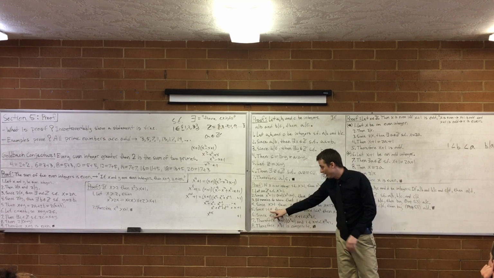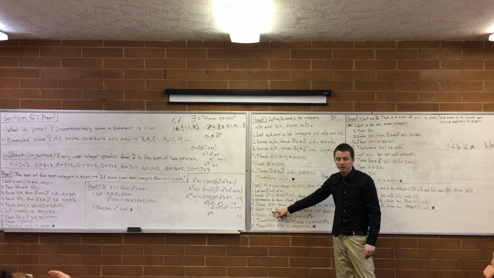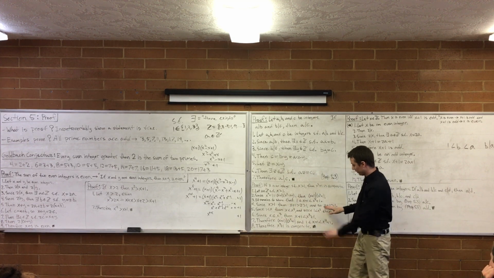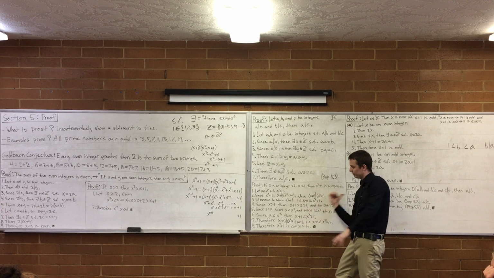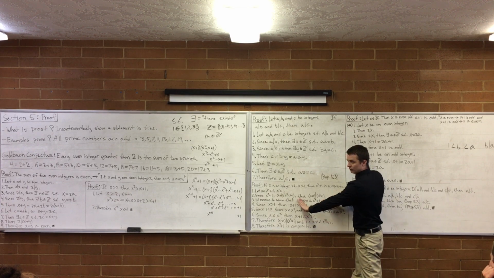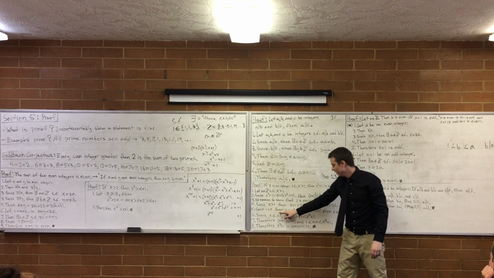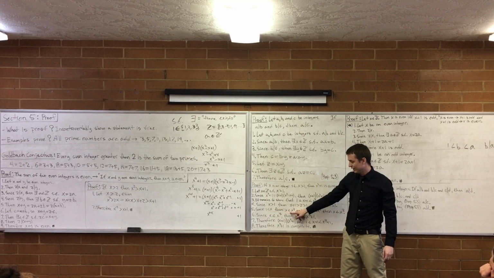Once again, since 1 is less than x, or x is greater than 1, we can write that either way. But I'm now doing this part of the inequality, so I'm going to write my symbols that way. See what I mean? So since x is greater than 1, or 1 is less than x, then we can multiply both sides by x, and the inequality is still true, since x is a positive number.